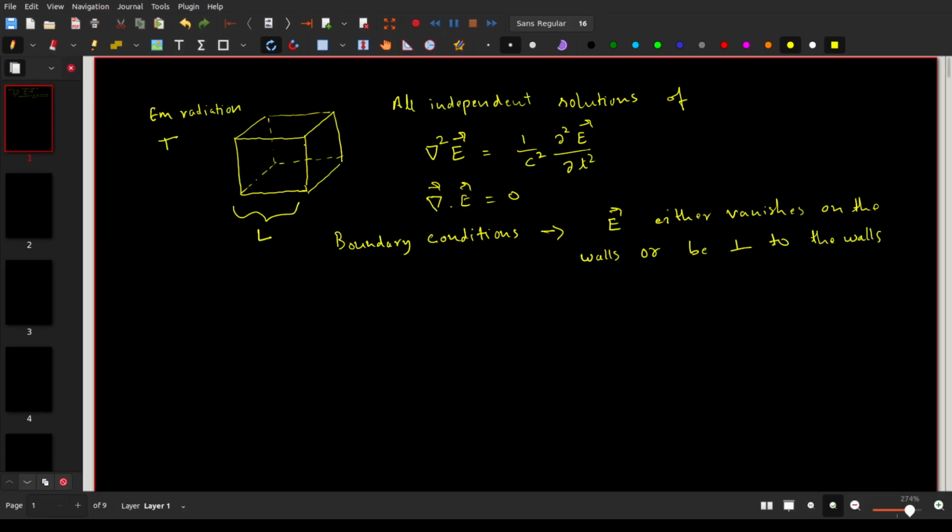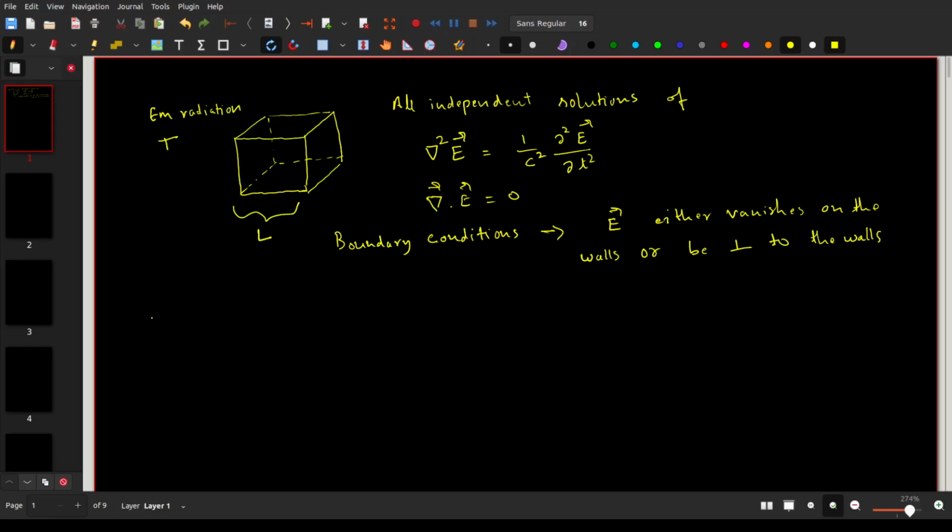So electric field should either vanish on the walls or it can be perpendicular to the walls. With these boundary conditions, these two equations have the following solutions.